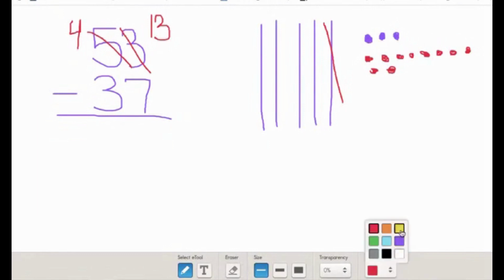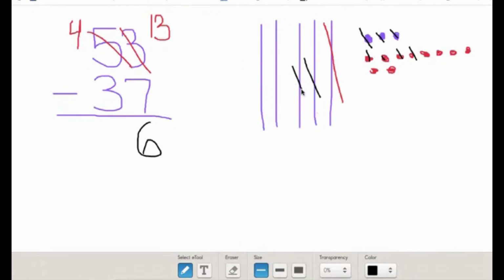So let me flip my back here. 13 minus 7, so I'm going to take 7 away. 1, 2, 3, 4, 5, 6, 7. So now I have 1, 2, 3, 4, 5, 6 left. And then 4 minus 3, I'm going to take 3 away. 1, 2, 3. And that leaves me with 1 ten right here.